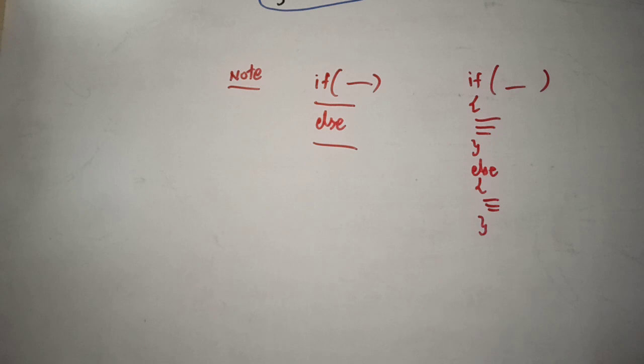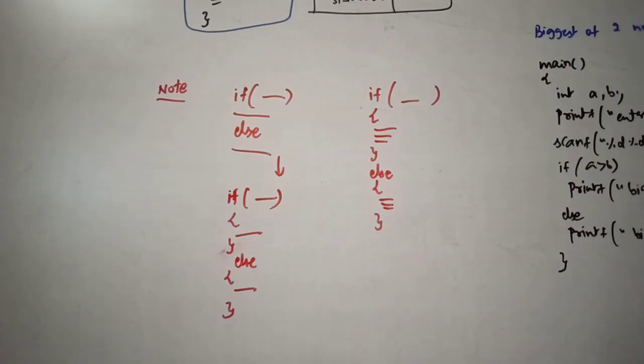That is not at all unnecessary. Even if you use brackets, if you have one statement between if and else, there won't be any problem at all, but it is not necessary. To avoid confusion, I have given a small note here.